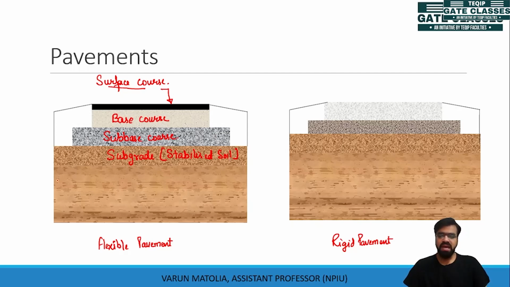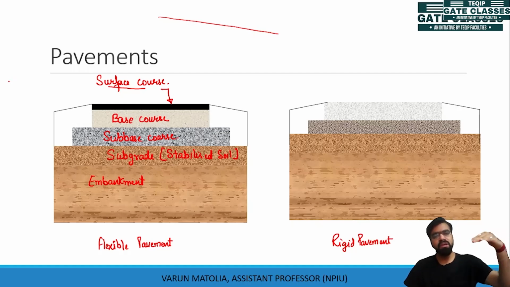Now if you see, we have another layer. This is actually not a layer, this is a process of making an embankment. You know that the road profile is comparatively smooth. Smooth means if it is going down, the slope will be smooth. Slope does not change very frequently. It is made to last longer. If we are going up, the slope is smoother.